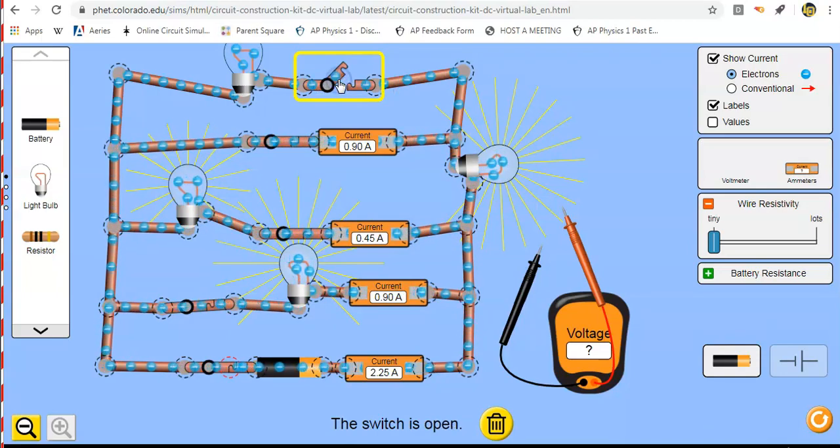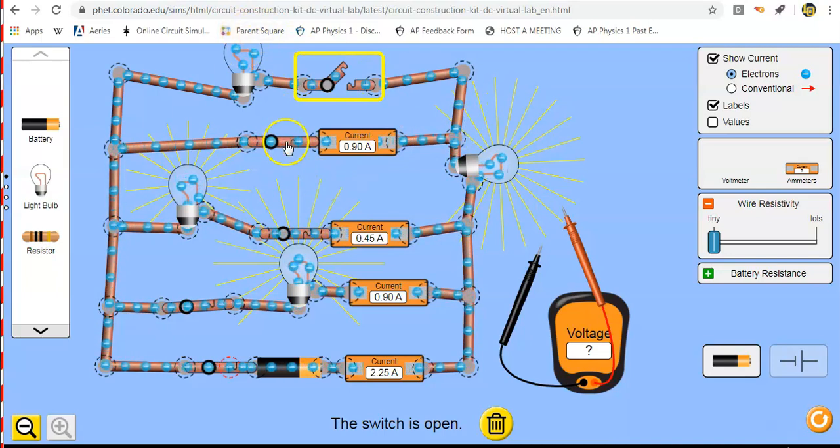Well, nothing happened, and why is that? Because no electrons want to go up through this light bulb and over through this light bulb, because this is just a straight wire, right? There's very, very little resistance going from there to there. So this didn't do anything. Okay?